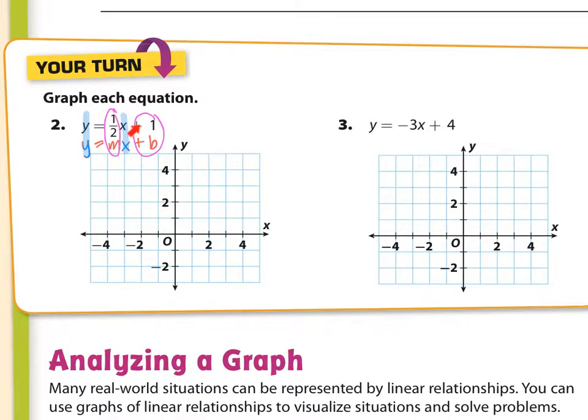I circled the whole thing here because with plus b, sometimes you'll have plus a number or minus a number. The minus is going to mean that it's actually negative, so it's super important that you pay attention to that. I'm going to rewrite this as the slope is 1/2 and the y-intercept is 1. I did it by lining up y equals mx plus b just underneath and then identifying it.